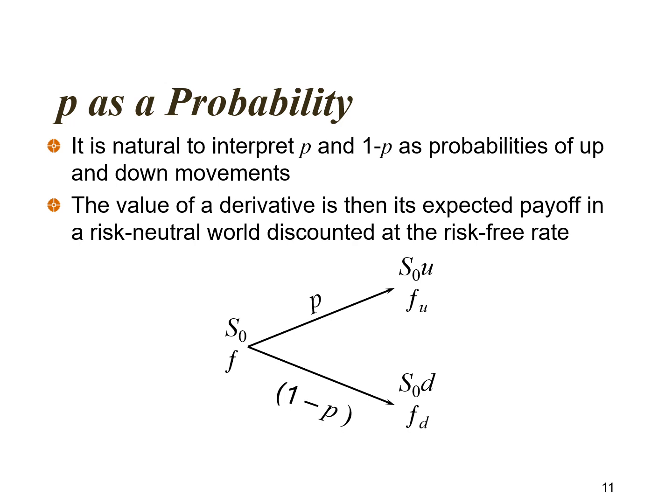So S0 moves to S0 times u, or it comes down to S0 times d, with corresponding probabilities of p and 1 minus p, and the resultant values would be fu or fd depending upon whether the price has moved up or gone down.